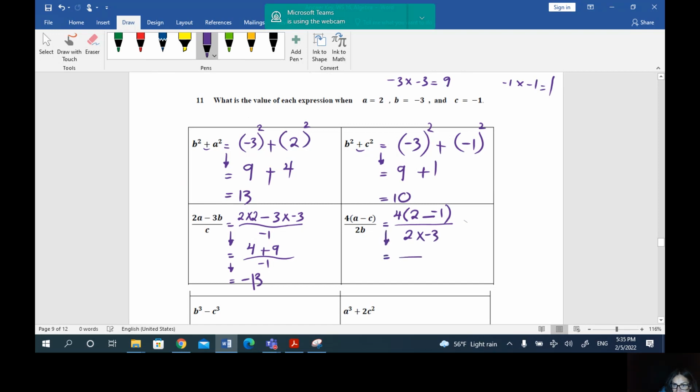So again, fraction line, 4 times 2 minus -1, which means 2 plus 1, which comes down to 3. And here 2 times -3 is -6. Now 4 times 3 is 12. 12 over -6 is -2.